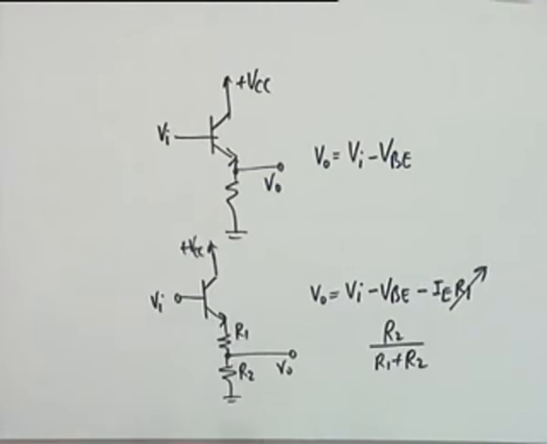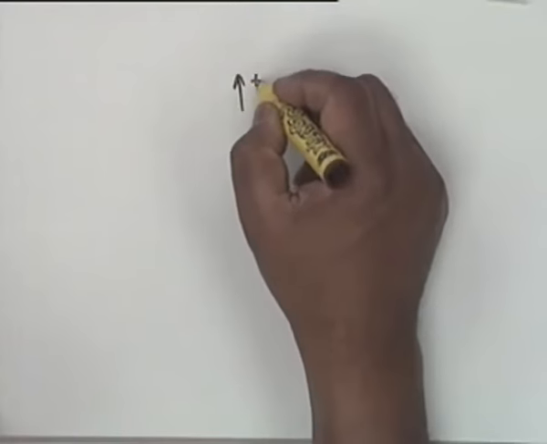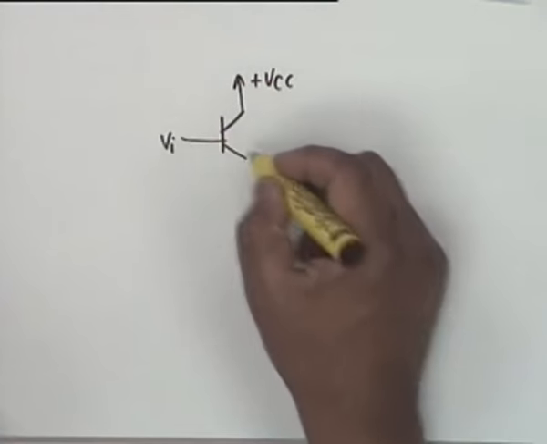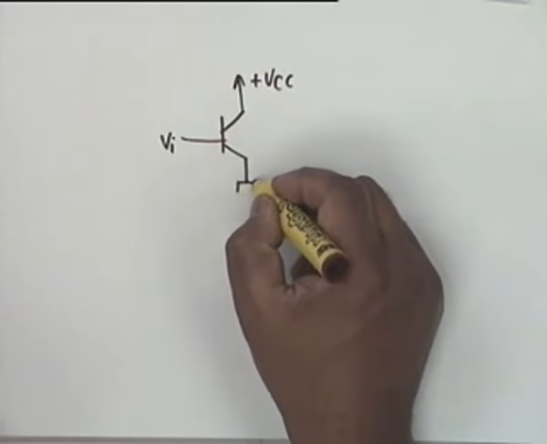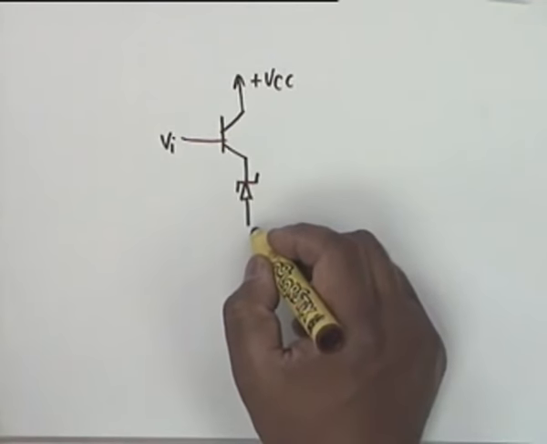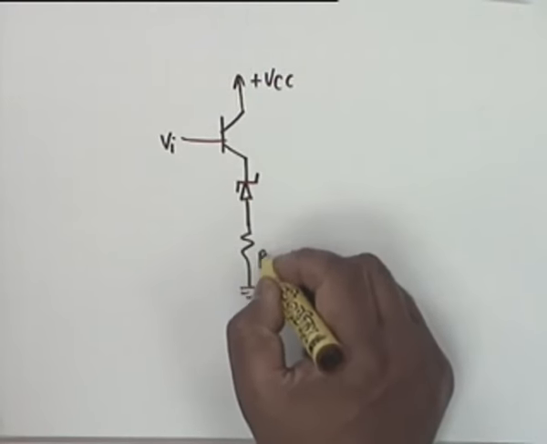One of the simple ways that can be done is to replace R1 by a Zener diode, a reverse biased Zener diode. Let's see how that looks like. Plus VCC, this is VI, and then you use a Zener diode here, a reverse bias Zener diode, and then an R2.